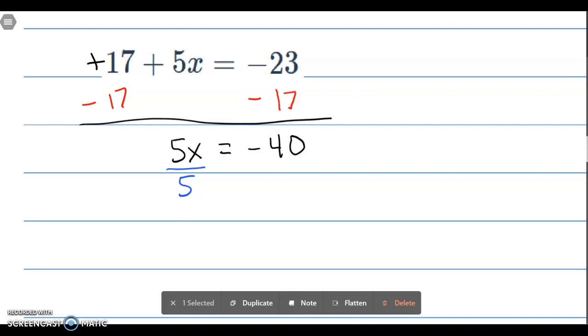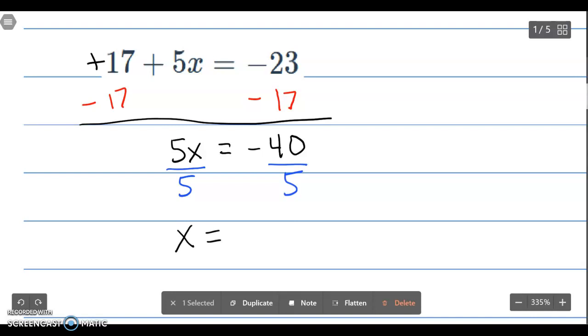I'm going to change my colors back. Divide by 5 here on both sides, and here I get x. Now I have negative 40 divided by 5. Negative divided by positive is a negative, and 40 divided by 5 is 8.